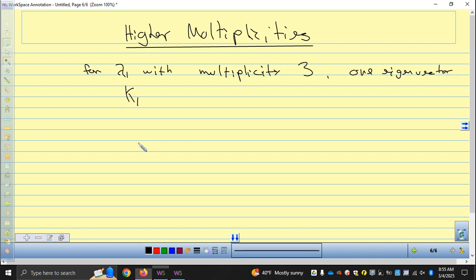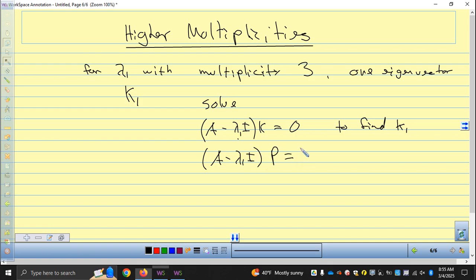k1. We would solve A minus lambda 1 I times k equals 0. That's the equation we've been solving to find our first eigenvector. And then we would solve A minus lambda 1 I times p equals k.